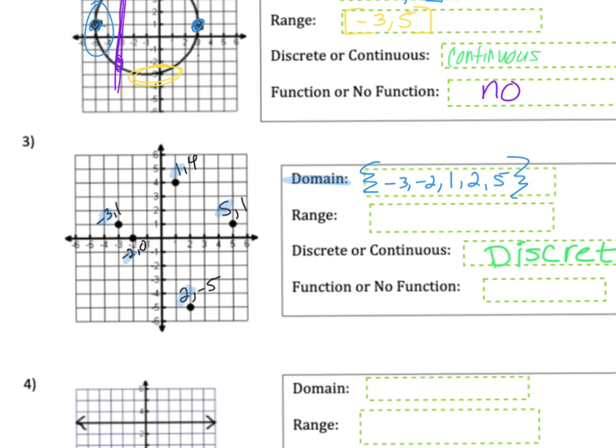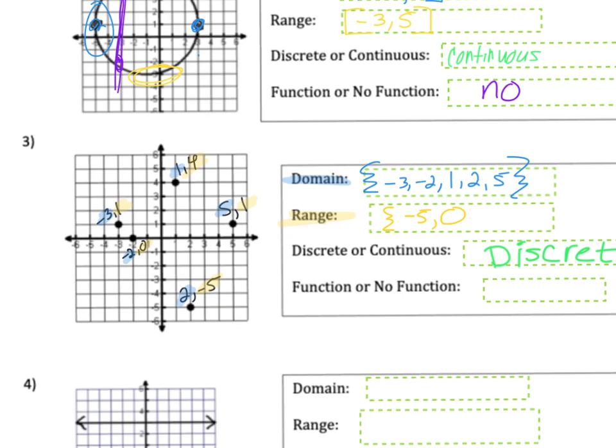You're welcome. Okay, range. Now that we've got all those coordinates listed, we know that the range is going to be the y values of each of these coordinates. I'm going to do exactly the same thing with curly braces. I really can't draw those, sorry. And then you just put them in order from least to greatest. So that would be -5 if we're working our way up, then 0.